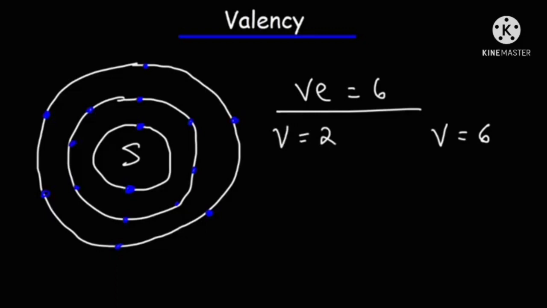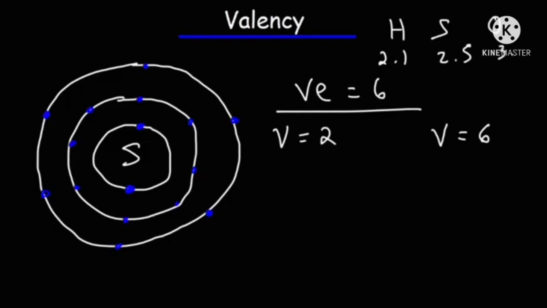Suppose it acquires 2 electrons in the outermost shell, then it becomes stabilized by having 8 electrons in the outermost orbit. Always in the outermost orbit it has to be 8 electrons.